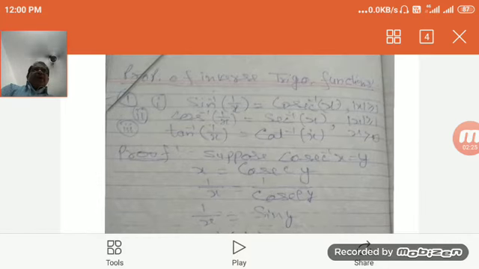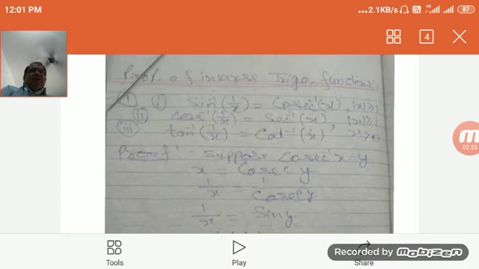Suppose cosec inverse x is equal to y, the right hand side of the first property. So we can write x equal to cosec y, or 1 upon x equal to 1 upon cosec y. Since cosec y is equal to 1 upon sine y, 1 upon x is equal to sine y.